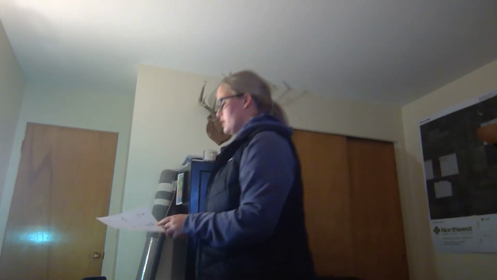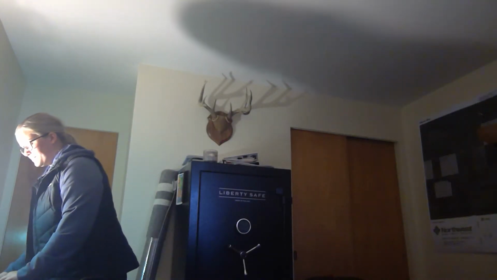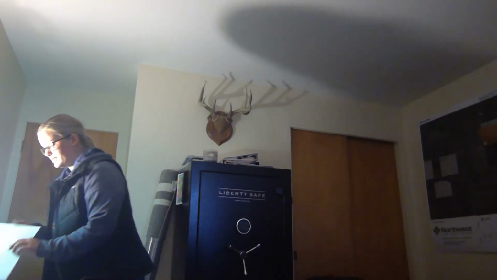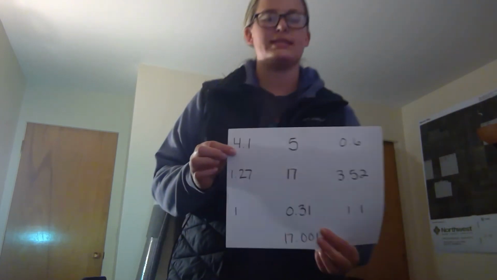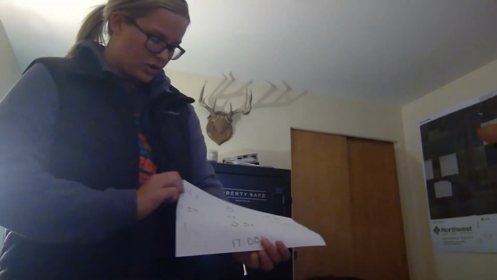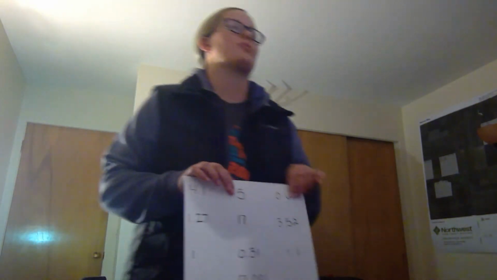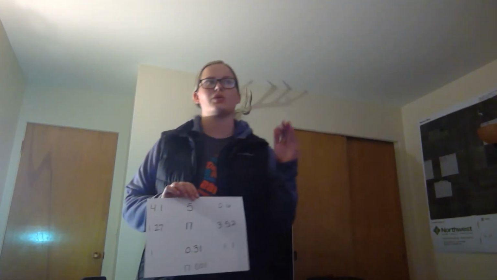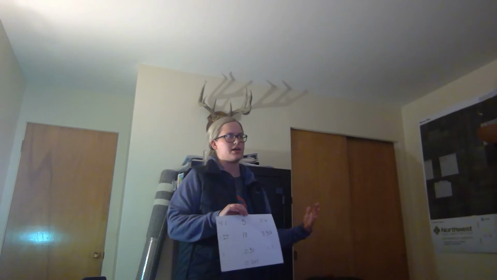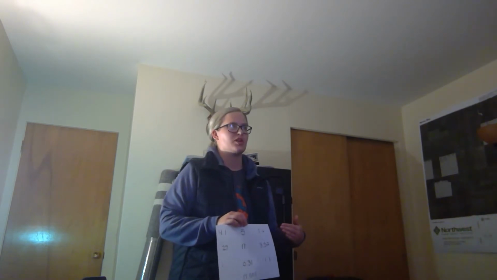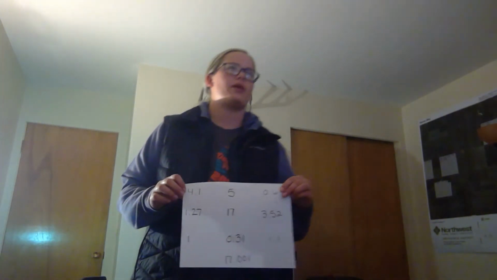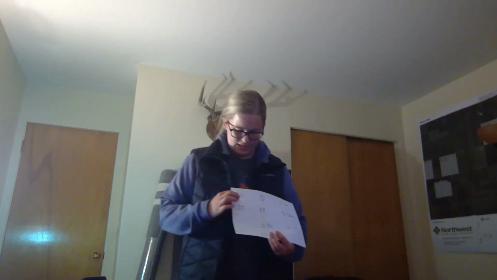Great job. So I'm going to show you this first set of decimals up here. So we have a set of numbers. They're not all decimal numbers, okay? So we're trying to identify which ones are decimal numbers and which ones are regular numbers. So this first one, 4.1, is that a decimal number or is it a regular number? Decimal number, right? Because it has the decimal point and a digit to the right.